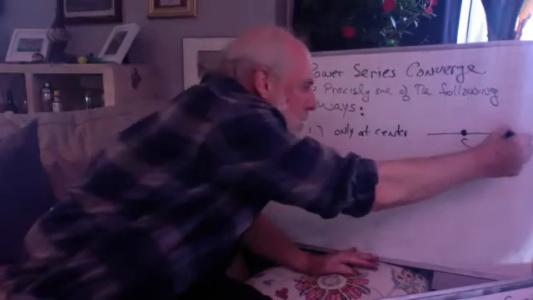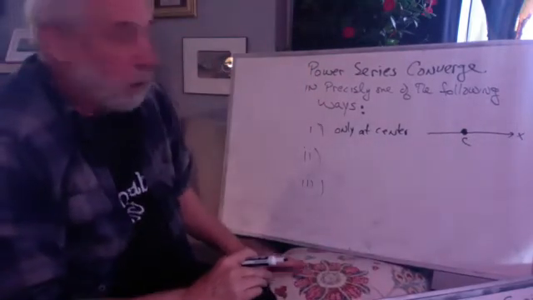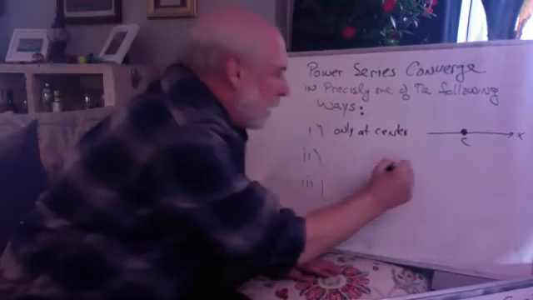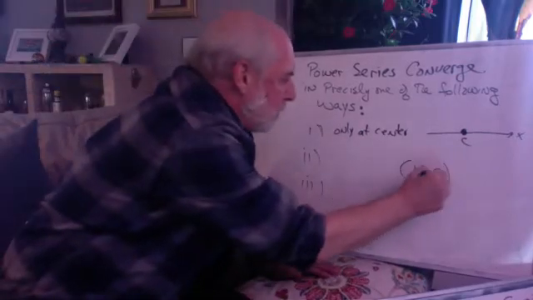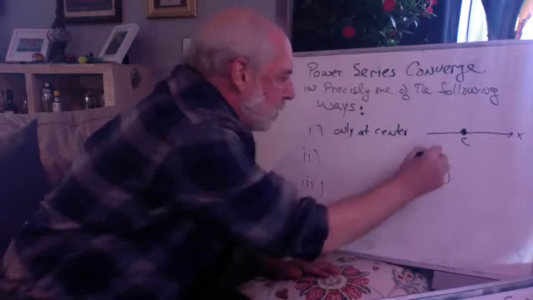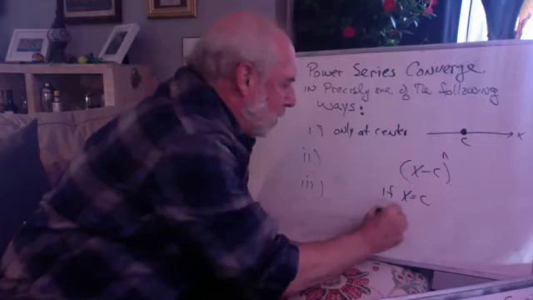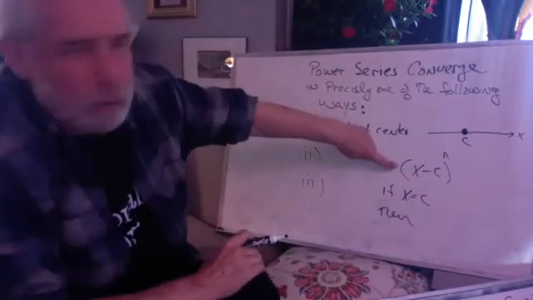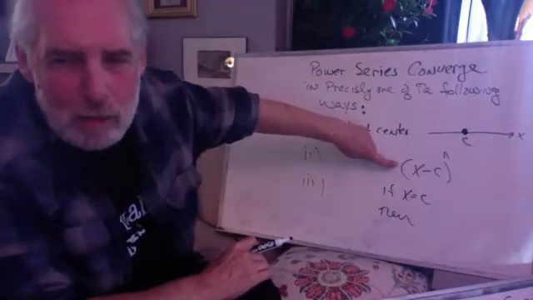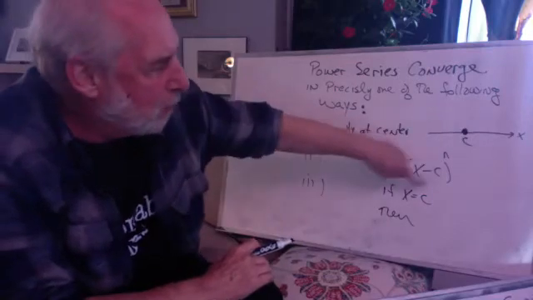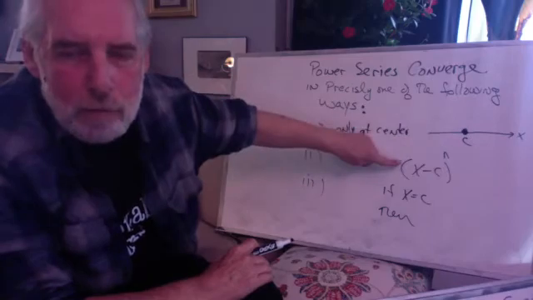So this is the x-axis here. So we pick the value of C. If x is equal to C, what does this expression become? If we let x equal C, what does all of this equal? 0.